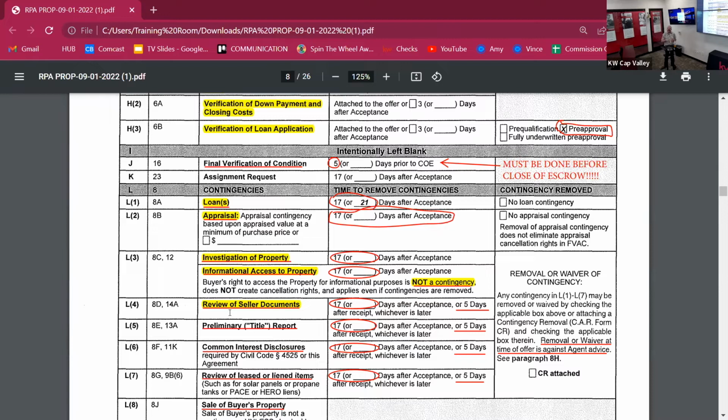If that previous buyer had done any kind of inspections, the contract requires that buyer give the seller copies of those inspections. The reason is the seller then has to disclose those reports to any future buyers, right? So here's the situation. You're representing a new buyer. You get under contract.